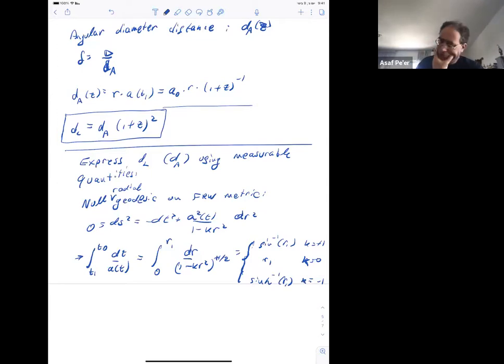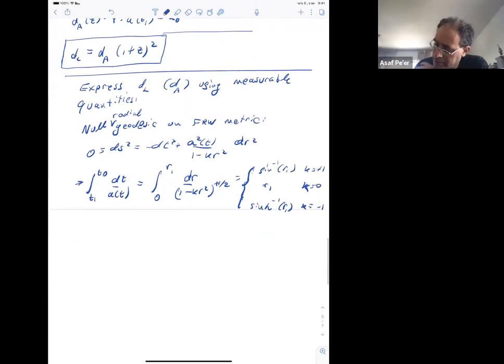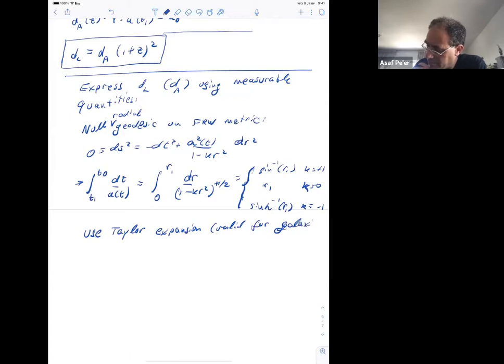Now, if the galaxies are not too far, we can use a Taylor series to expand A around its present value. So use Taylor expansion, valid for galaxies not too far.